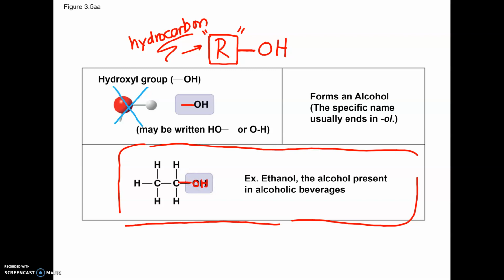And this one happens to be ethanol, which you may recall we were working with in the water lab last week. We were looking at ethanol versus water and how many drops fit on a penny and how quickly it heated and all that. So that's ethanol. And all alcohols actually have this particular functional group.